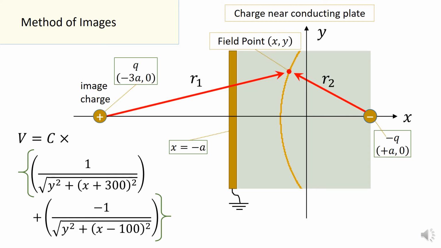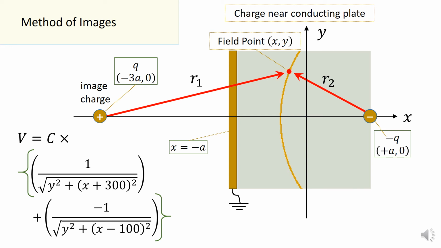In this example, I have a negative charge on the positive x-axis and a conducting plane on the negative x-axis. And I'm using the method of images, which allows us to calculate the volts at the field point as the superposition of Coulomb potentials from the minus charge and an image charge, which is not unlike a reflection in a mirror.